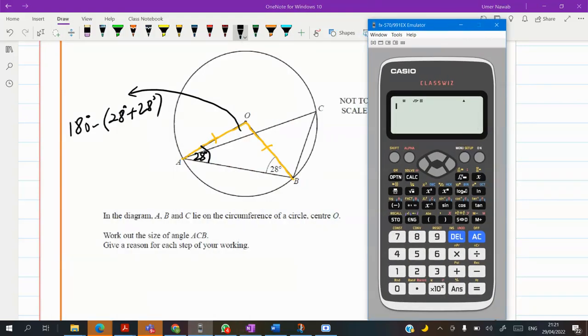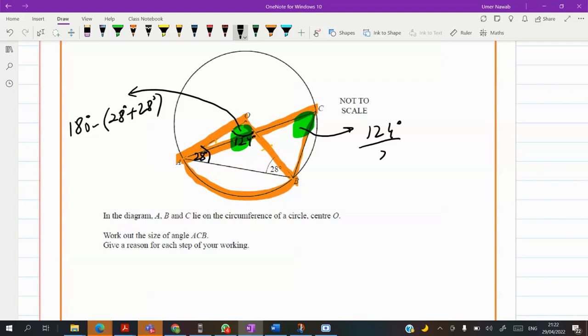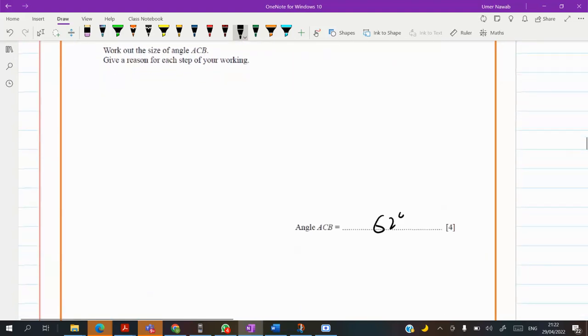So 180 minus 28 plus 28 gives us 124. So this angle is 124. My friends, arc AB, central angle is 124, and the angle on the circumference at the back, is there any relationship? The answer is yes. This angle ACB is half. So 124 divided by 2 will give you 62. So this is your 62.